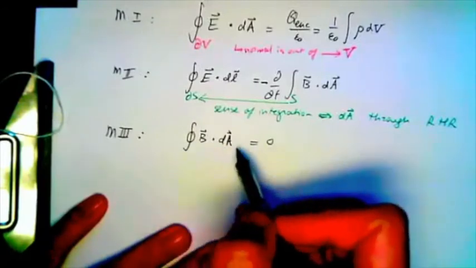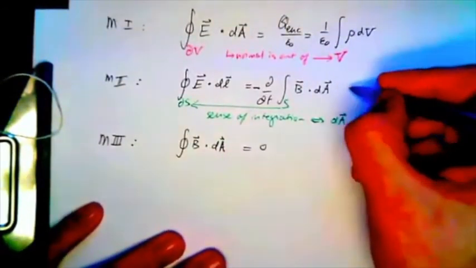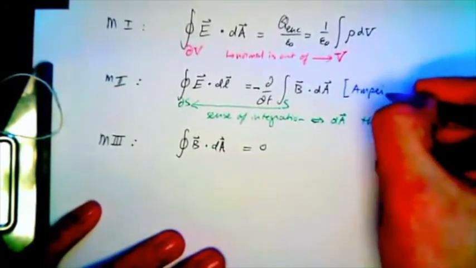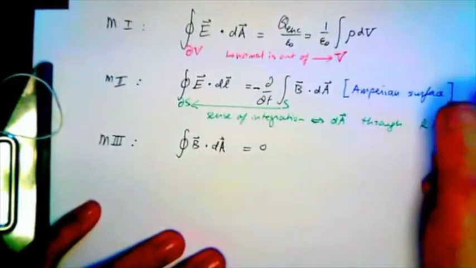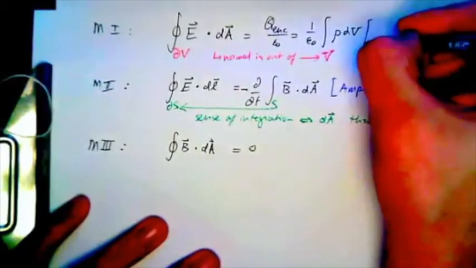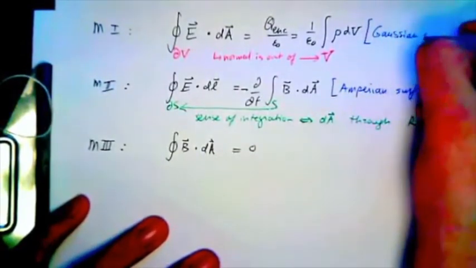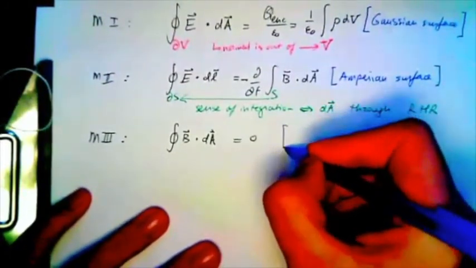This is the BdA through a Gaussian surface. So let me make sure that I do this. This is an Amperian surface. And this is a Gaussian surface. And this is also a Gaussian surface.